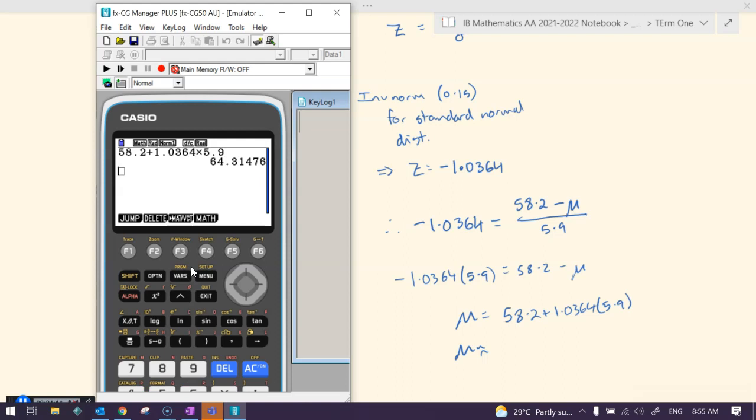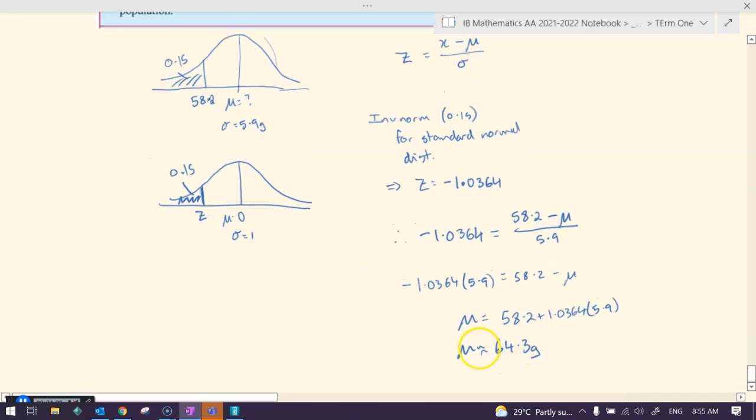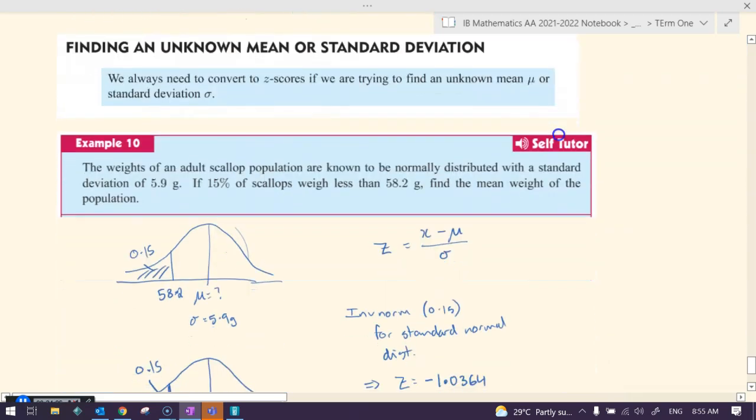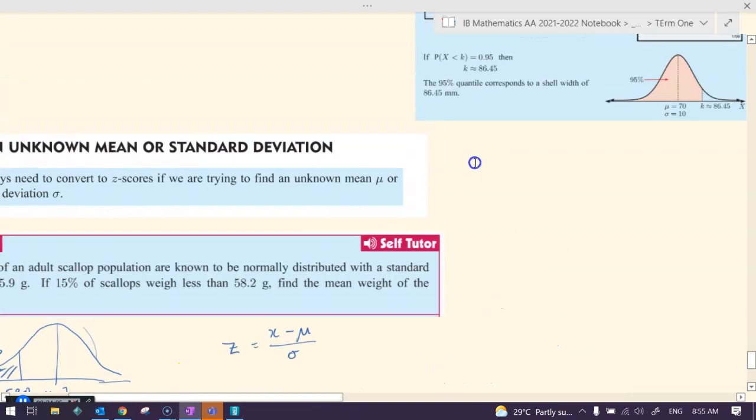And it's saying the mean is approximately 64.3 grams, I think it was. You go up and you check. In the question it says that, and of course you write a nice little statement. The mean weight of the population of scallops is approximately 64.3 grams. Hopefully we got that correct.